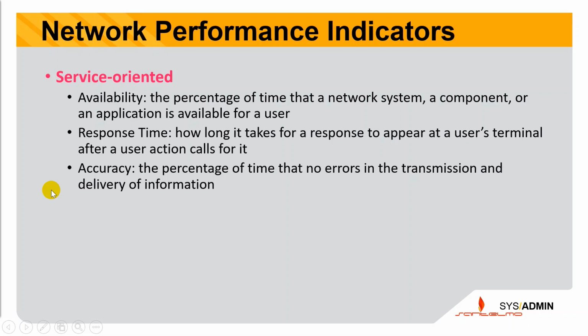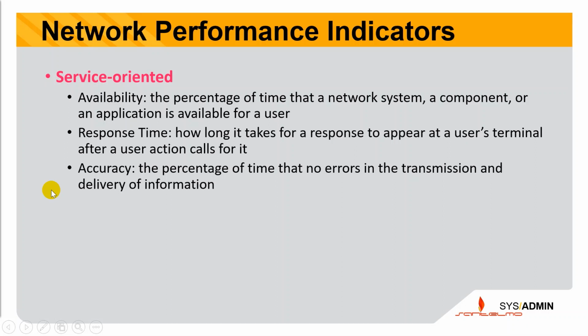Response time. Next would be accuracy, the percentage of time that there are no errors in the transmission and delivery of information, because if there is an error, there is a tendency to retransmit the data. So again, service-oriented network performance indicators are measured using availability, response time, and accuracy.